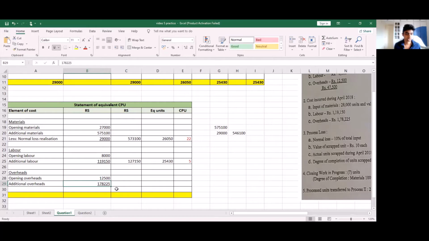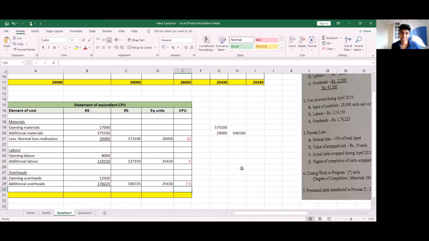Now we will sum these two to get our total amount for overheads. That's going to be 12,500 plus 1,78,225. Now this total amount we will divide by our equivalent units to get a cost per unit of rupees 7.5.